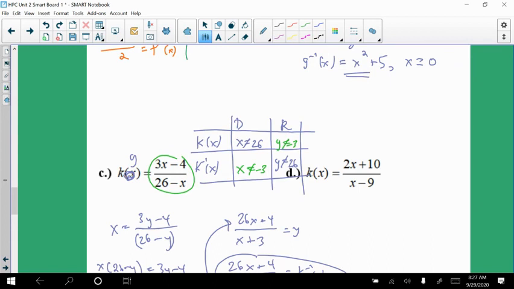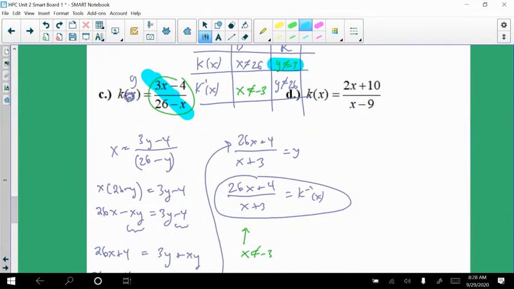But here's a hindsight. It was there the whole time. Think about this. This is a function that has a horizontal asymptote at negative 3, because it's 3x to negative x. So even then, I should have been able to know. Horizontal asymptote, y can't equal negative 3.